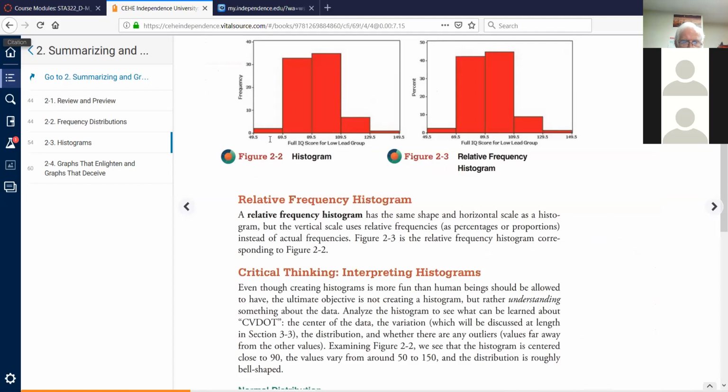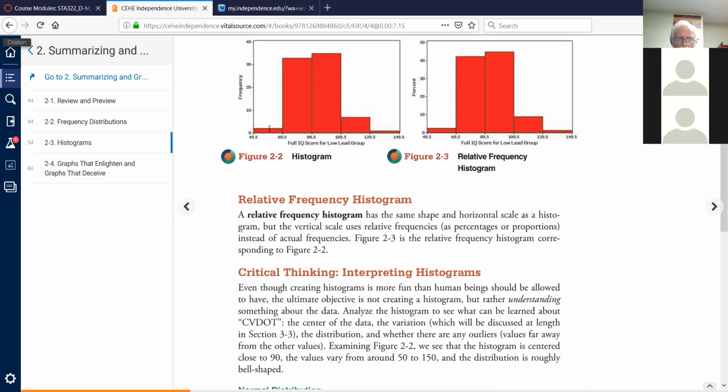And all this does is tell us visually that there are a lot more people in these two classes than in the others. And relative frequency means the percentages, okay? So here we have the frequency, these are the numbers, and the percentages. Those two presentations should look qualitatively exactly alike.